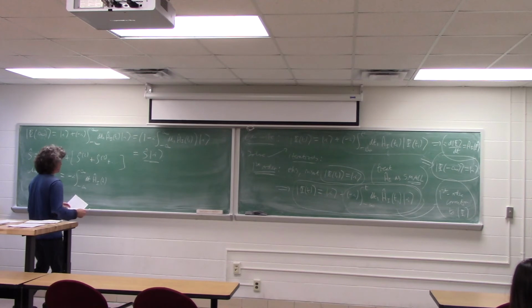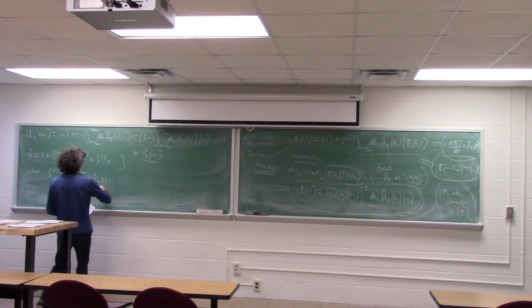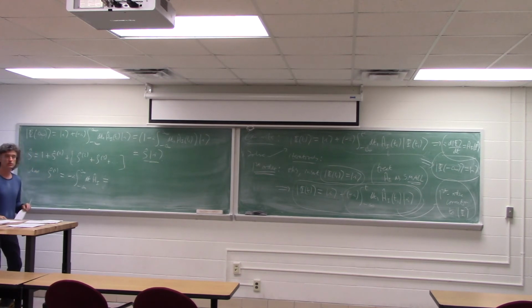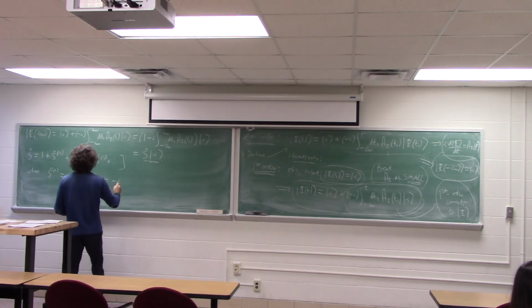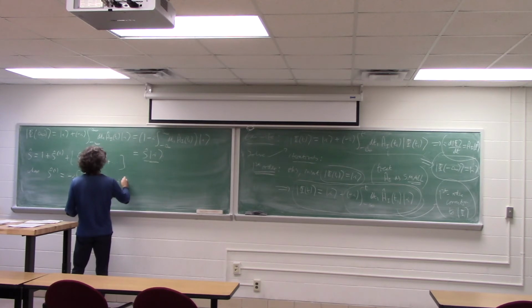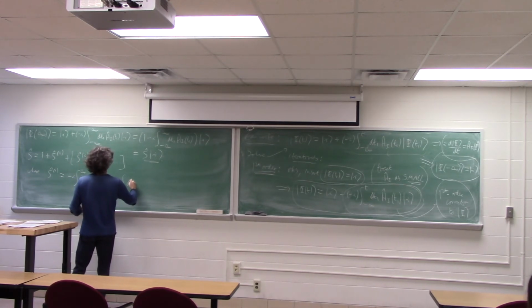All right, so now, what is our interaction? Let's leave off the t. We know it's a function of time. Our interaction Hamiltonian is an integral over a Hamiltonian density. So I can write this as minus i times a space-time integral.